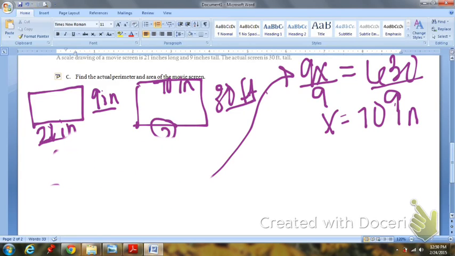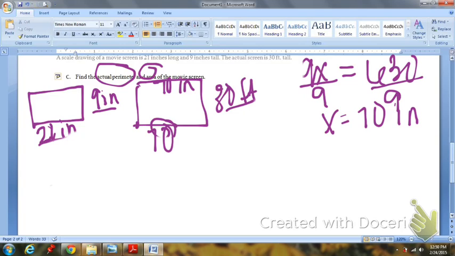So we're going to erase some of this just so we can have more room. So perimeter and area. So we know now that our sides are 70 feet and 30 feet.